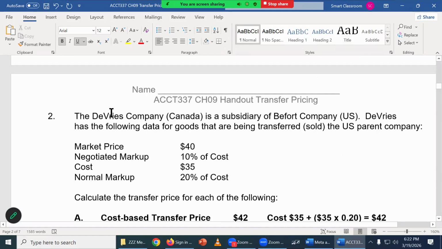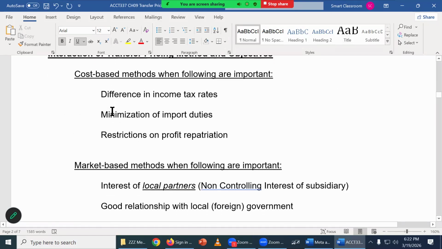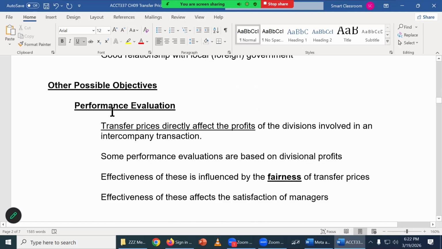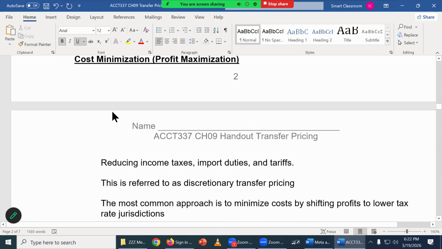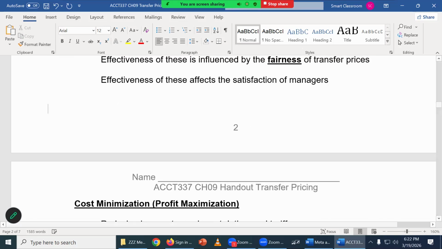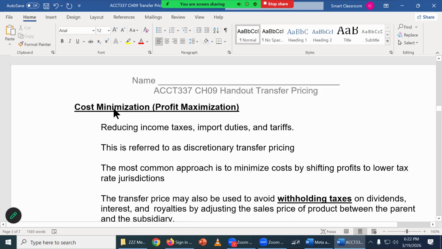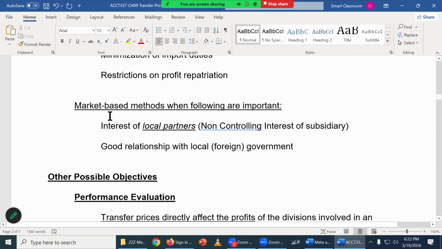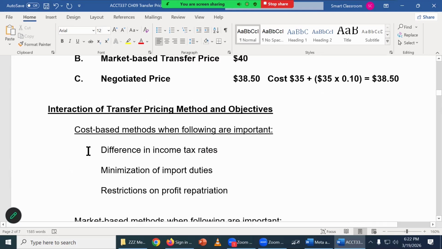Okay. Let's see here. Actually, there's quite a bit of stuff in this. Okay, cost-based methods. Cost-based methods are important when the following apply.